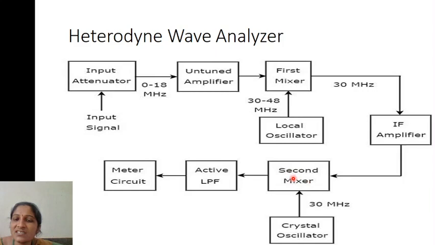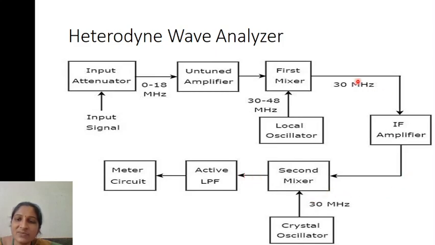At the second mixer, it has inputs from the intermediate amplifier as well as the crystal oscillator, and it will obtain the difference of these two signals. The crystal oscillator frequency is automatically set to the frequency that is coming from the IF amplifier filter. Whatever frequency is there, the crystal oscillator is tuned to it, so that the difference of these two signals is a zero frequency signal.